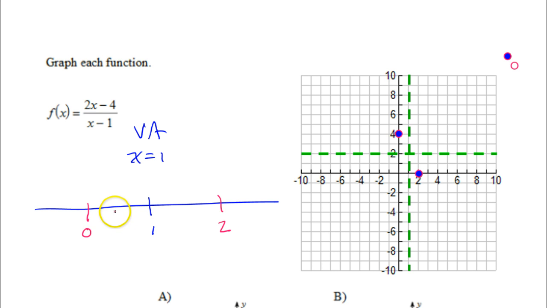But we are also going to go halfway between these numbers. So this is going to give me 0.5 and 1.5. So these pink numbers are the 4 values that I need. Now I've already got 2, check, and I've already got 0 because those happen to be my x and y intercept. So I really just need 0.5 and 1.5.